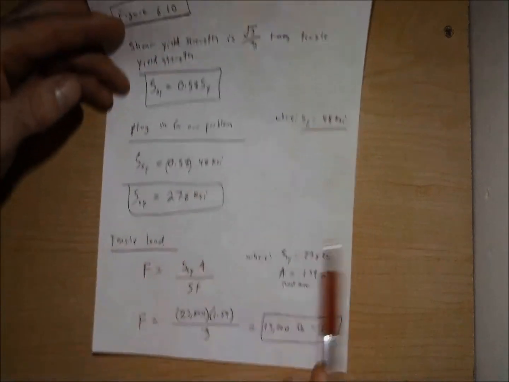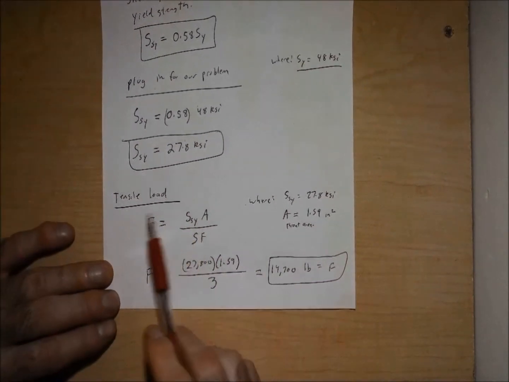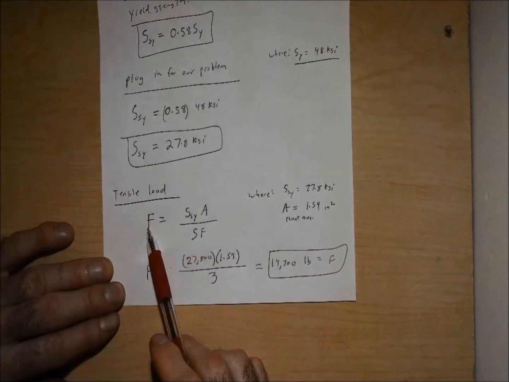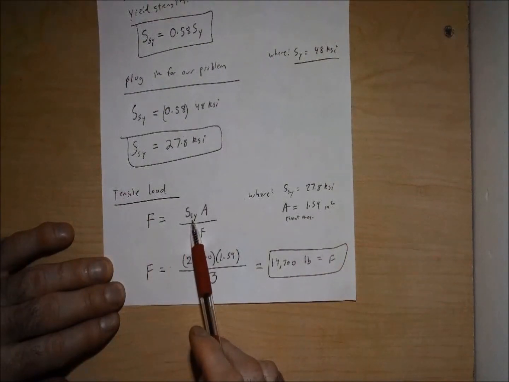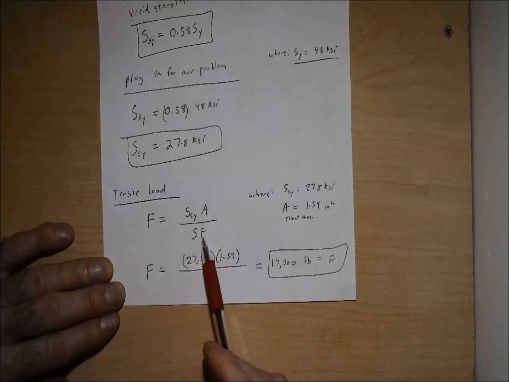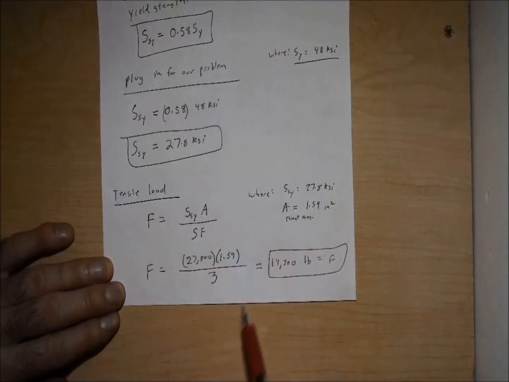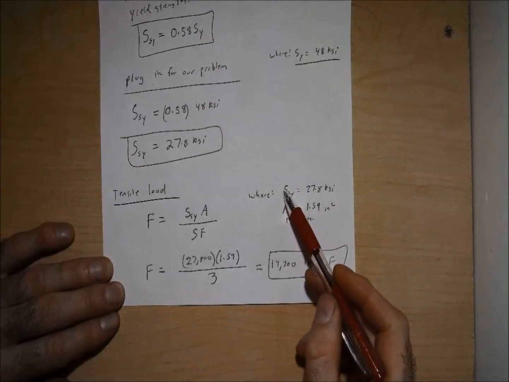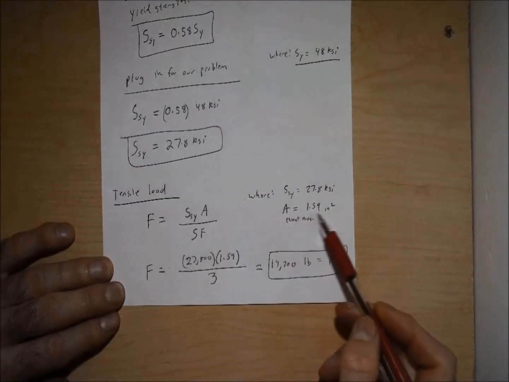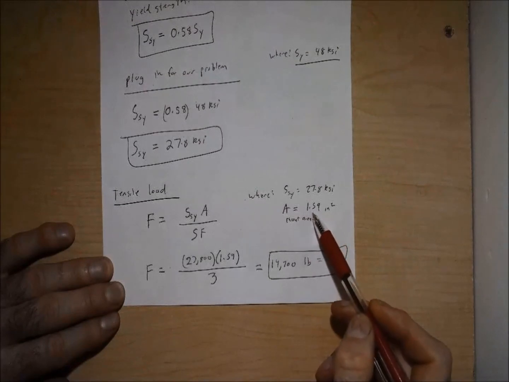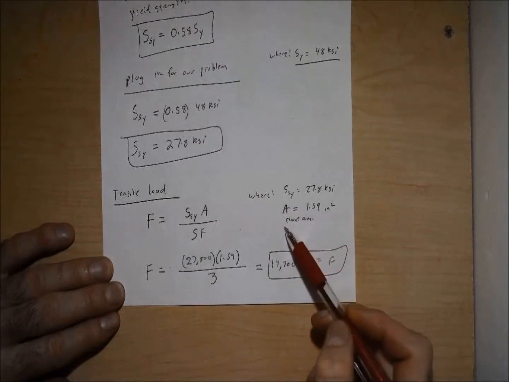From there, we can now calculate our tensile load. We have this relationship that our force is equal to our SYS, or our shear yield strength, times our area divided by our safety factor. For our problem, we've just calculated that our shear yield strength is 27.8 KSI. Our area, which we calculated earlier, is 1.59 inches squared, which is our throat area.